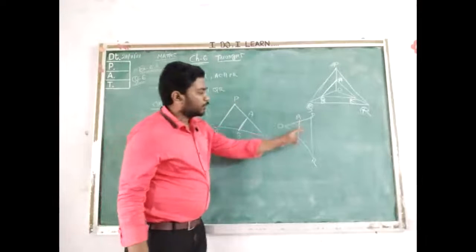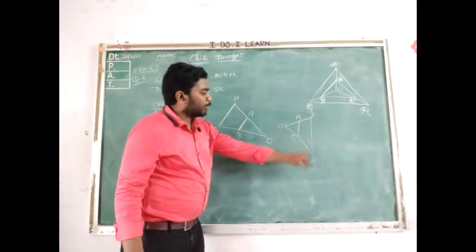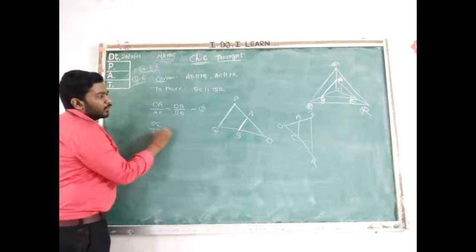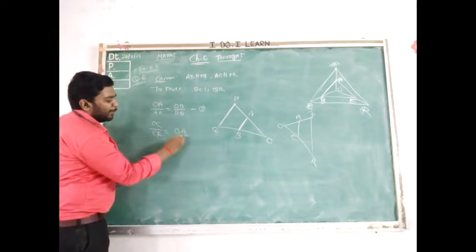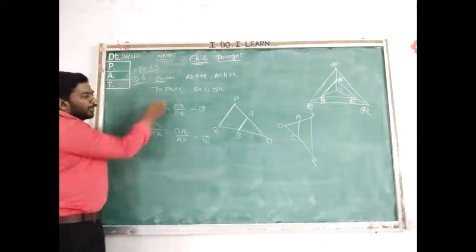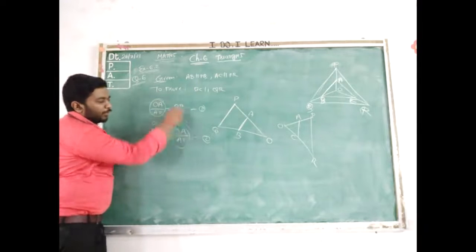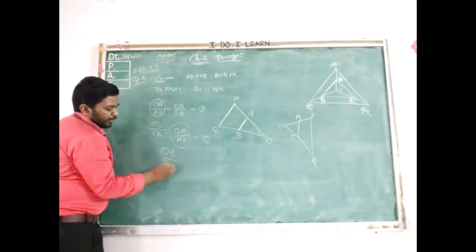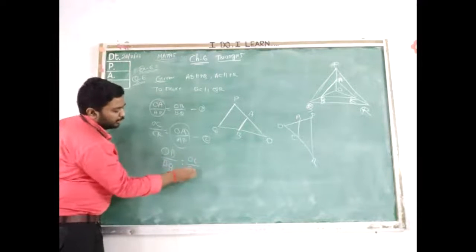So OC upon CR is equal to OA upon AP. This is our equation number 2, in which these two are equal. So we can compare these two as well. So OB upon BQ is equal to OC upon CR.